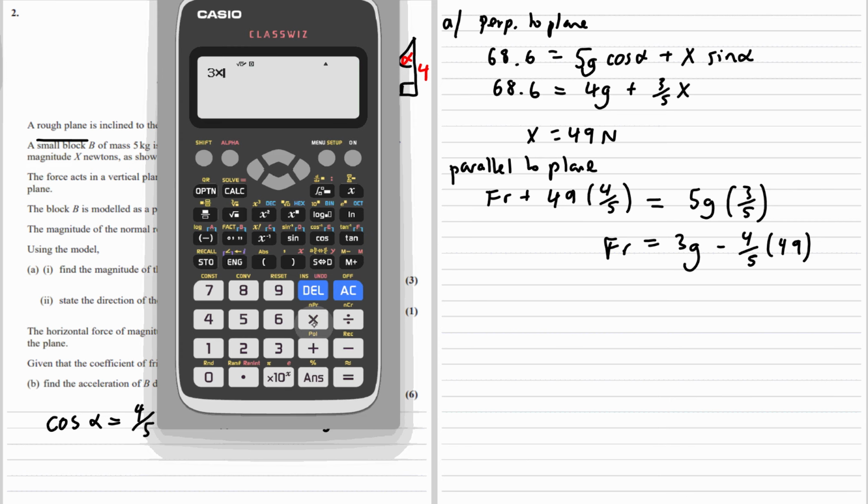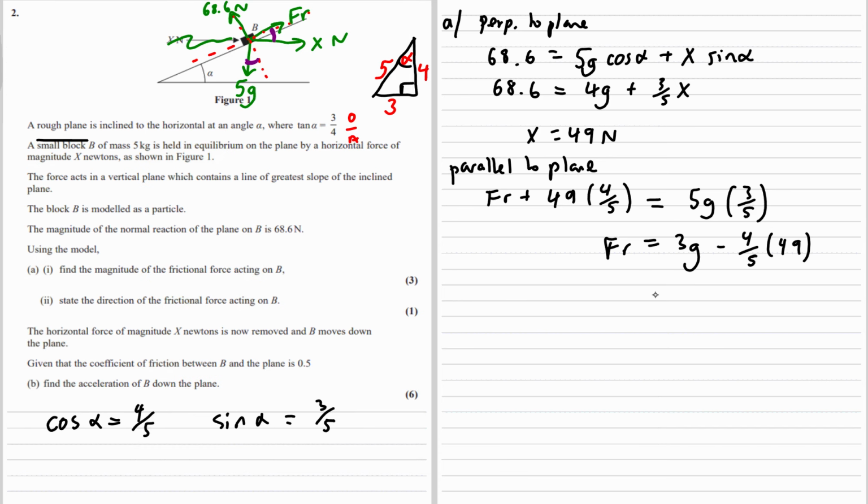So 3 times 9.8, take away 4/5 of 49, is minus 9.8. So that means friction is 9.8 newtons acting down the plane.